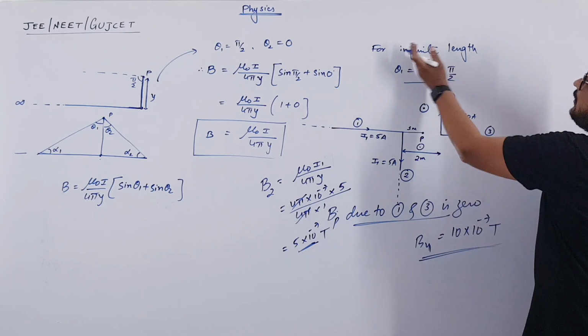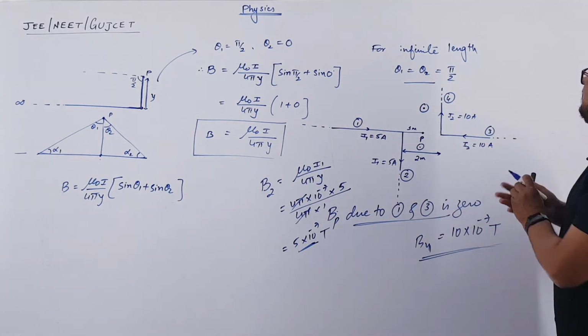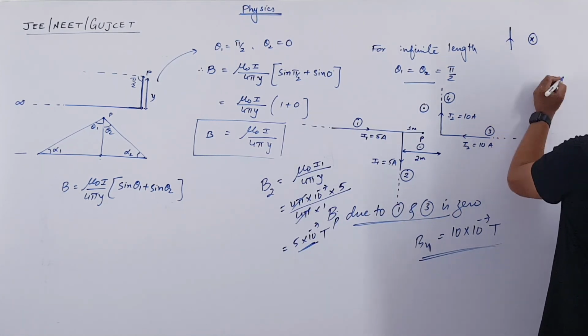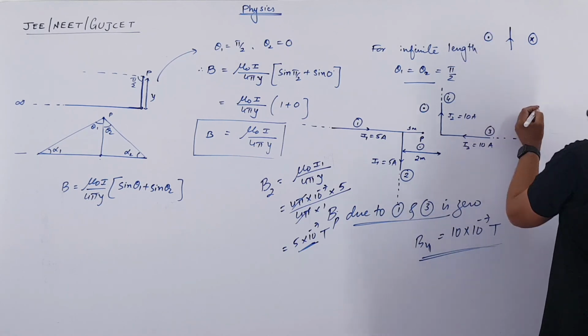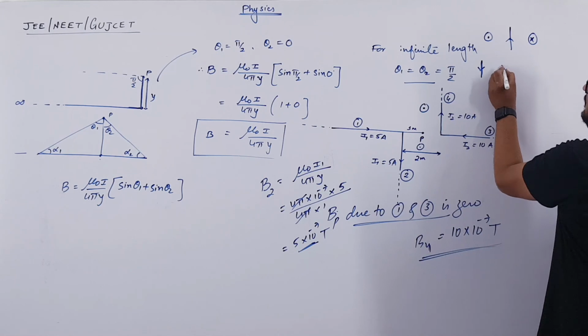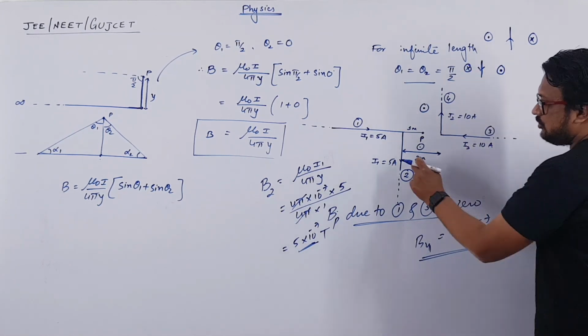Look, here we derived in the beginning of this video lecture that if current is moving in upward direction, the magnetic field here will be entering inside and here it is coming out, right? And if we have a wire carrying current in downward direction, then on the right hand side the magnetic field will be coming out and on the left hand side it is entering inside. So this is downward direction.